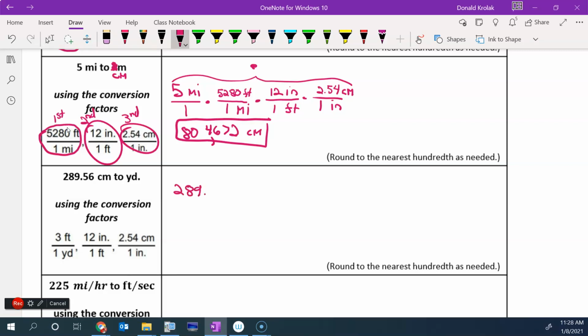Okay, almost done. Got to have CMs in the denominator. So I'm going to use this first, but I'm going to flip it.